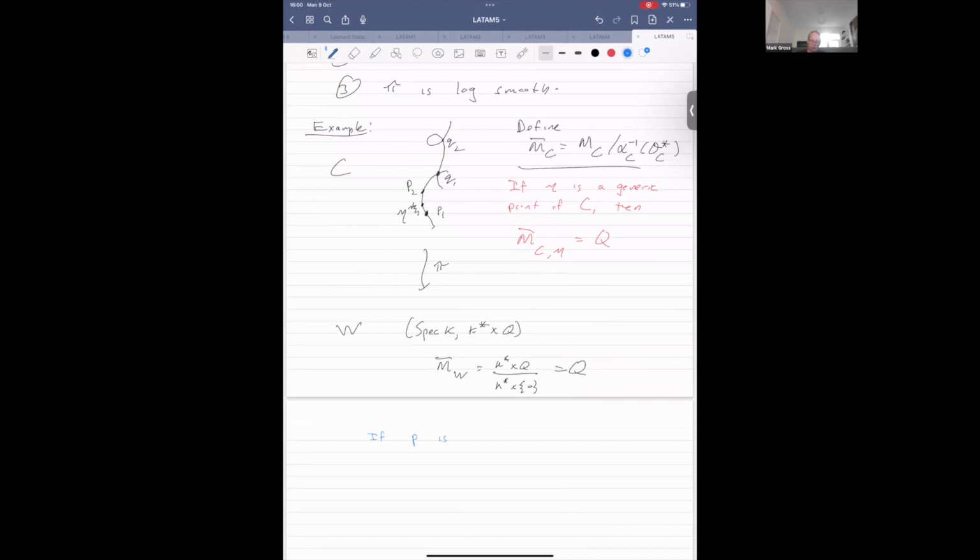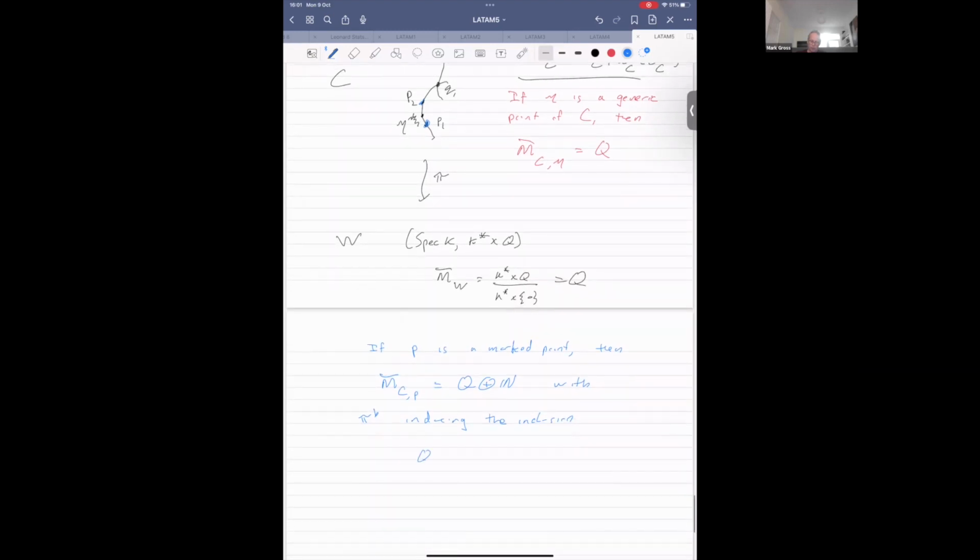If P is a marked point, that's one of these points, then M bar CP is Q plus N, with pi flat inducing the inclusion pi bar flat Q. Remember, pi flat has to pull things from here up to here. That goes from Q to Q plus N, just the obvious inclusion.